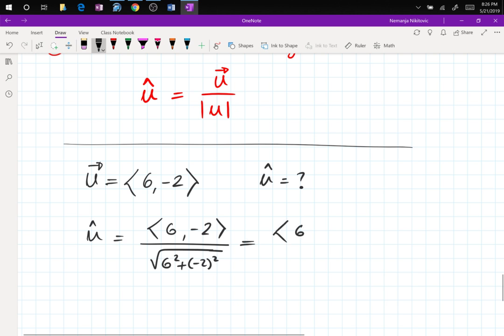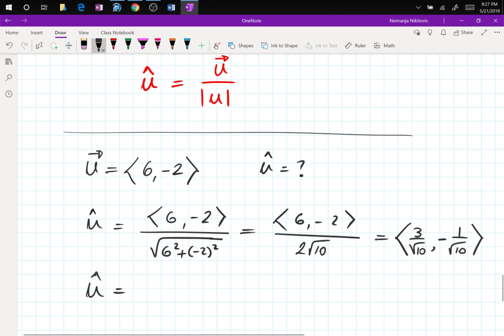We still have our vector 6, negative 2 divided by the square root of 36 plus 4, that's 40, which is 2 root 10. And now we divide. You are getting a vector 3 over root 10 and negative 1 over root 10. Now we don't like root 10 in the denominator, so u hat is going to be 3 root 10 over 10, comma, negative root 10 over 10.